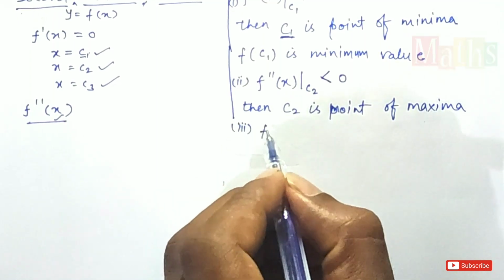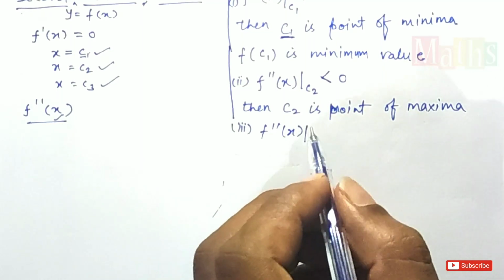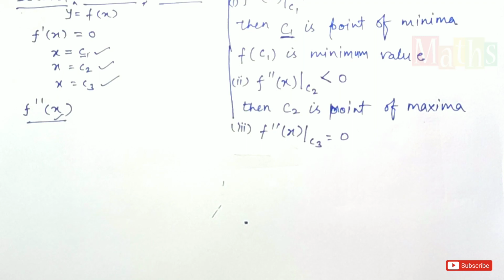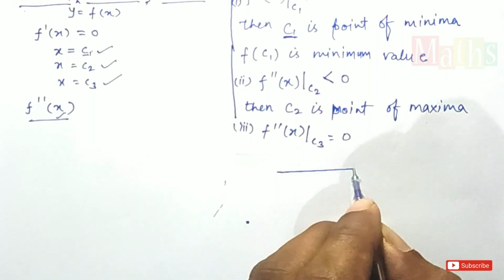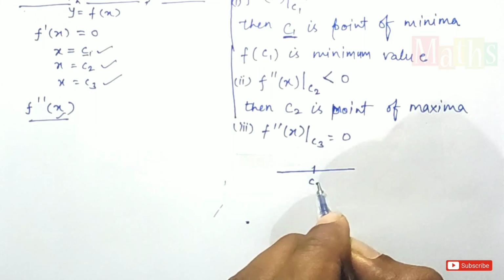And the third case is also possible: if the value of the second derivative at any extreme point is equal to 0, then check the first derivative test and find the signs either side of this point.